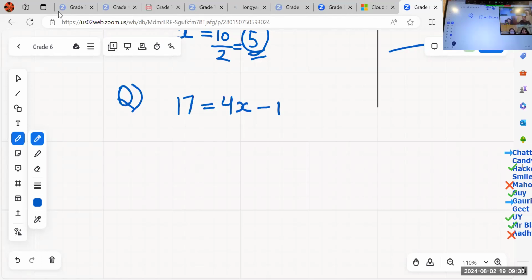The winners of this award are Chatty, Candy, Smiley, Mahuri, iPhone, Gauri, Geet, and Adya. And the unlucky people who did not get this award are Hacker, UI, Mr. Ba, and that's it.